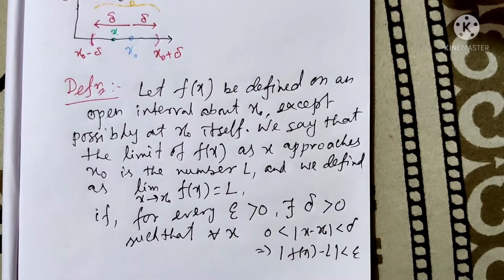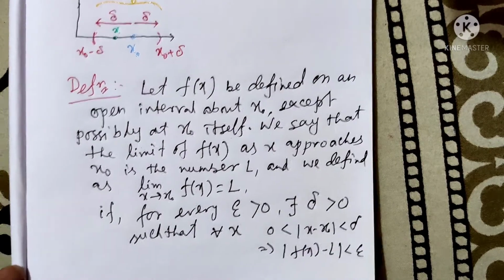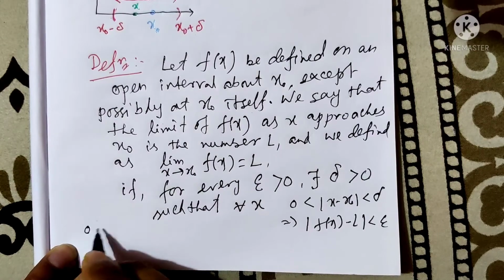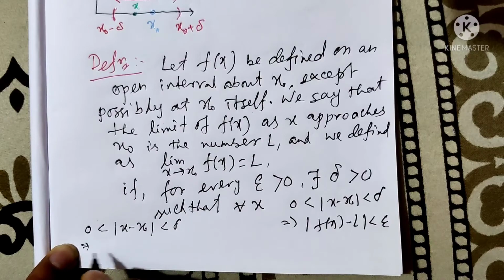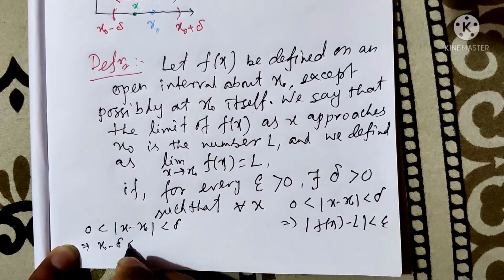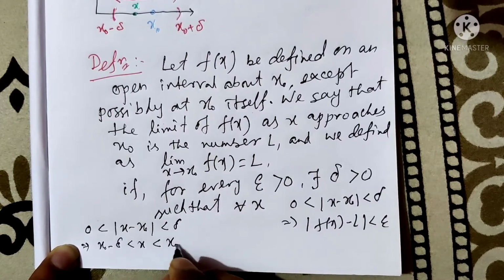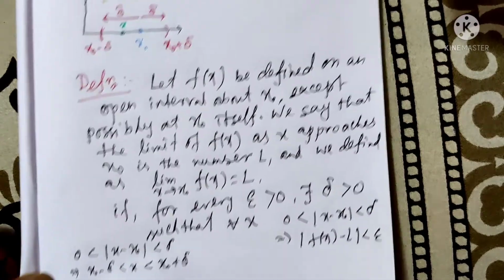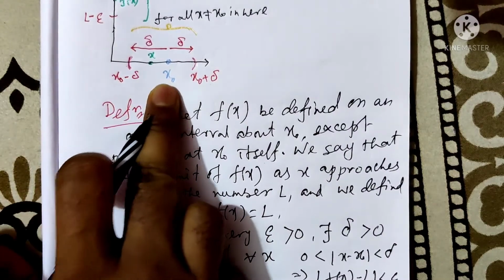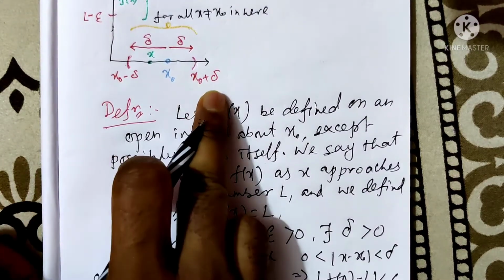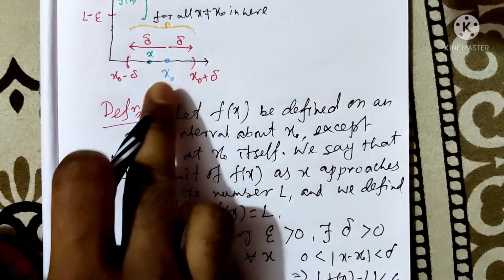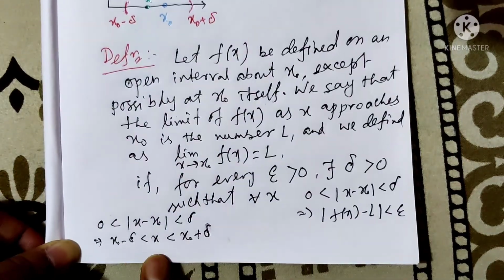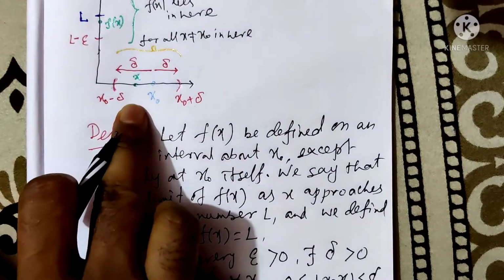So what is this? This is nothing but x naught minus delta less than x less than x naught plus delta. In our picture, x lies in there. This is the definition and this is the picture.